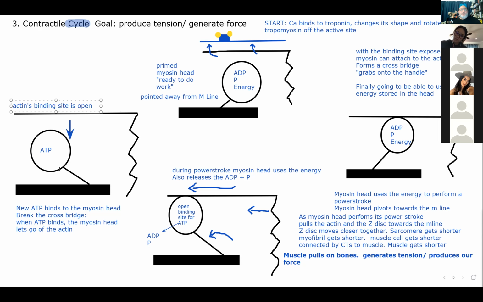But even though we've broken the cross bridge, is this myosin head ready to do work? No. So what does it need to do to be ready to do work? Release phosphate. Exactly.